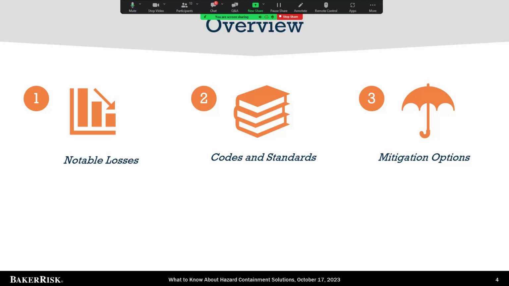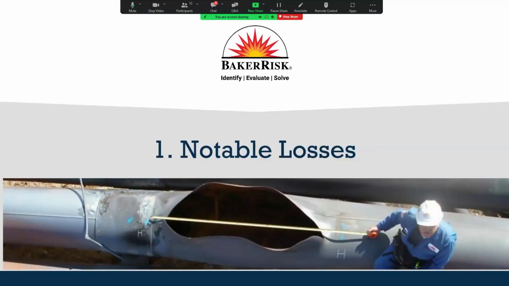I'll follow that up with a brief review of relevant and pertinent codes and standards that are out there as they pertain to the different industries of concern. And lastly, the bulk of it will be the third one, which is to cover some different options that are commonly considered for mitigation of these types of hazards.